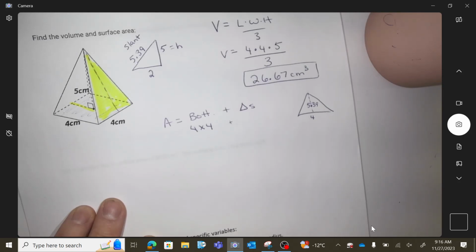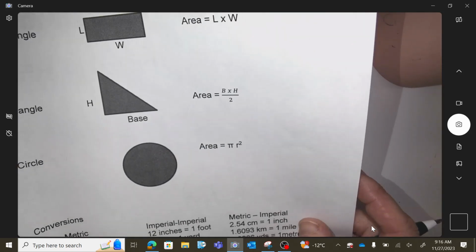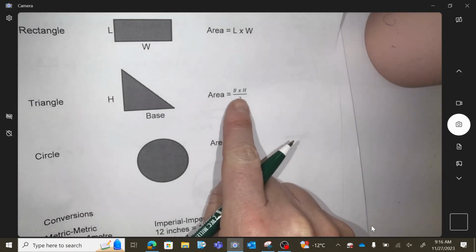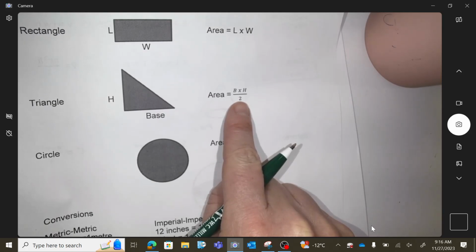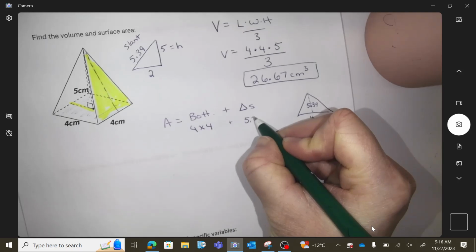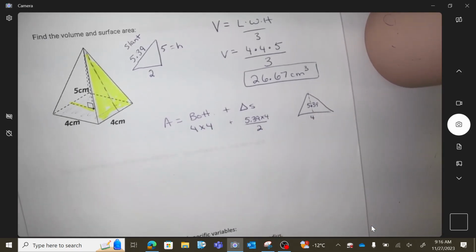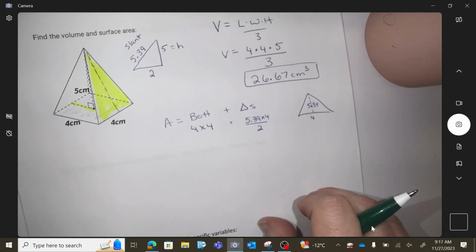This is not on your paper, it's on the other side. So a triangle, how do you do the area of a triangle? Base times height divided by 2. Base times height, halved.